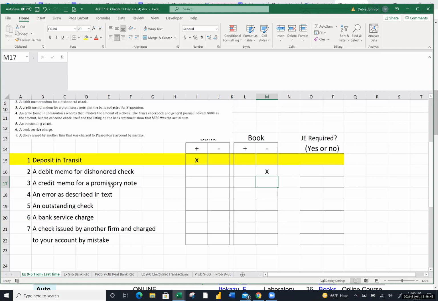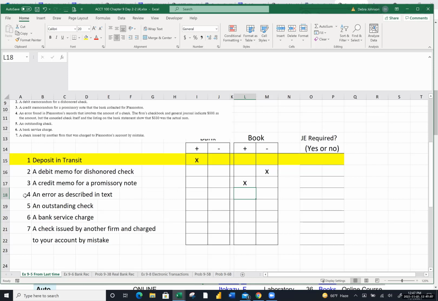And anybody that can't pay me in 30 days, I will create a note and have them sign an IOU. So all of a sudden that may be collected by the bank, and that would show up as a plus on my side. Why? Oftentimes the money just comes into your account. You don't know about it necessarily until you get a little notice from the bank.